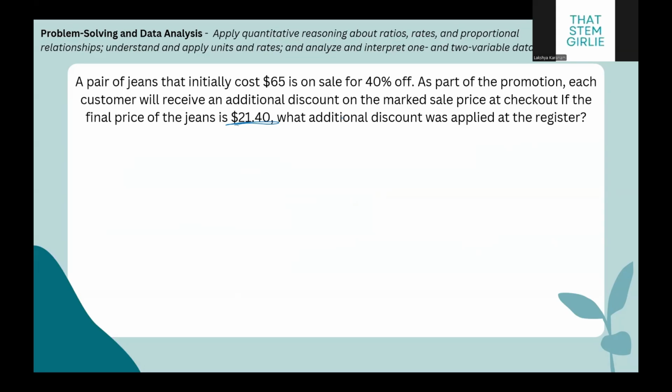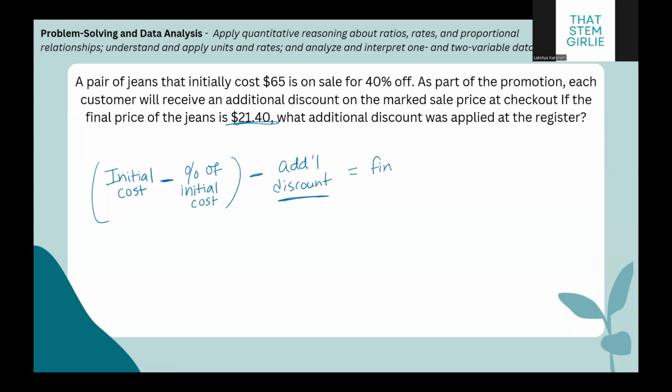What they're telling us here is that we have an initial cost, and from this initial cost, we took out some percentage. And then from this number, we're again doing some additional discount. We want to find what this additional discount is to get the final price.